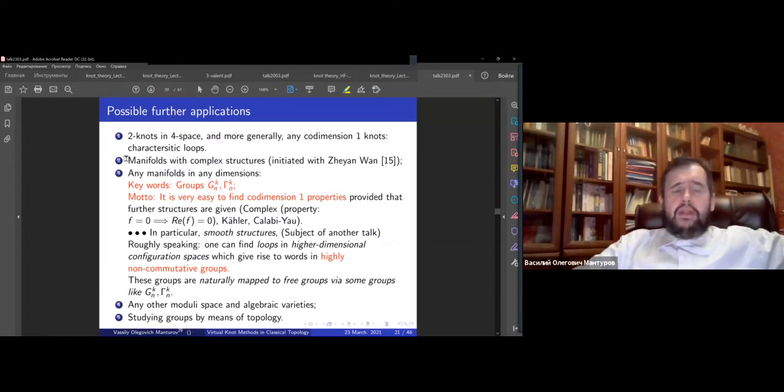As for other things which are already initiated, we started with manifolds with complex structures. And here some new things appear. Well, they are not new for me, but possibly they are new for some of you, possibly some of you hear about these groups for the first time.